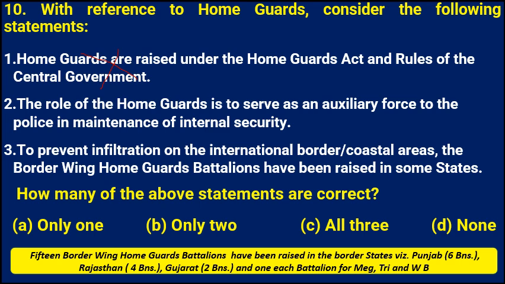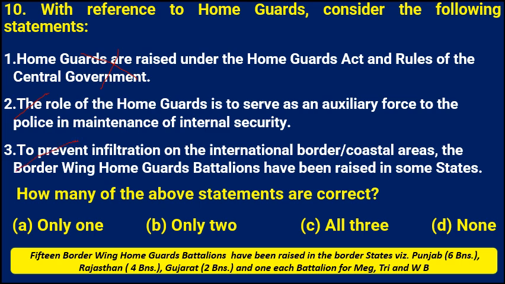Statement 2. The role of the Home Guards is to serve as an auxiliary force to the police in maintenance of internal security. Yes, this is correct statement. Third statement. To prevent infiltration on the international border or coastal areas, the border wing Home Guards battalions have been raised in some states.